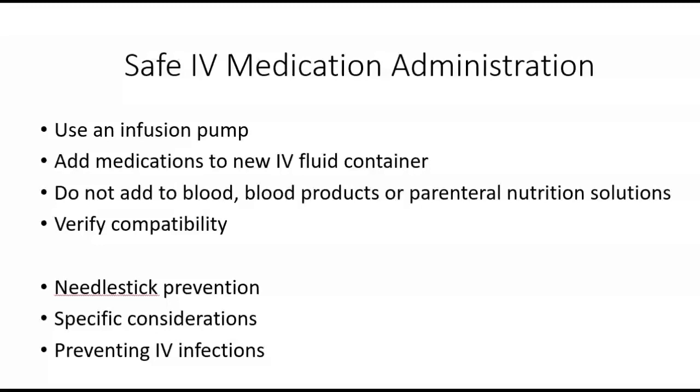With PICC lines, this is a sterile procedure, and it's very serious because that catheter, again, is going directly into the heart. So if we have any sort of infection on that catheter that travels along, it's going to take the infection straight to the heart. So we want to make sure that we're preventing any infections when initiating an IV and then while administering IV fluids.